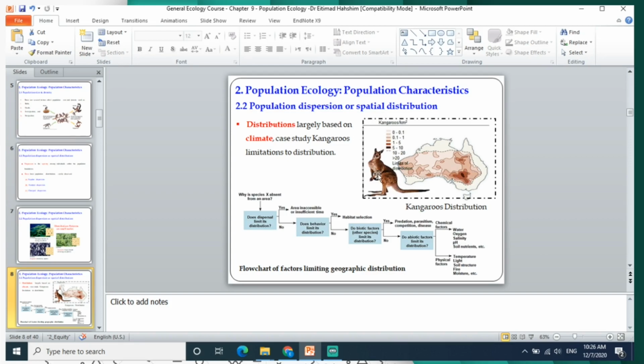Because of habitat selection, due to animal behavior, it selects that habitat because it suits it. Why does it suit it? It suits it according to the environment, biotic and abiotic factors, because they are limiting factors for the existence of the organism in that area. Biotic factors include the absence of predators, or interaction with other living organisms present in that particular area.